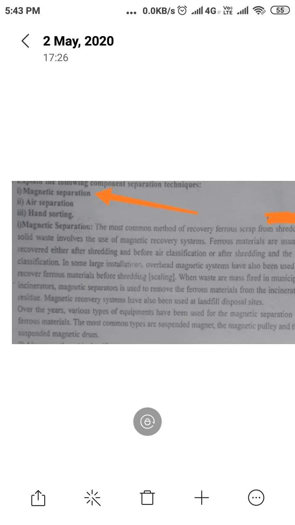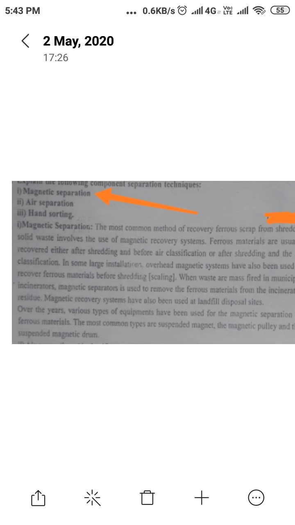The lighter materials may include plastic, paper, organic matter like that.